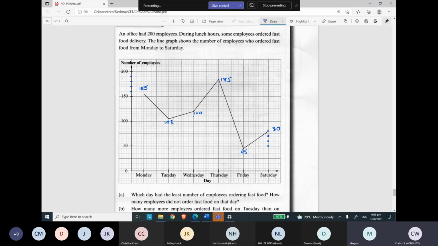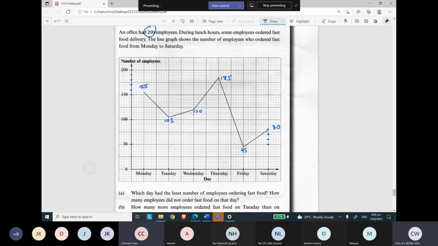Why 200? Oh, 200 employees. You forgot the question, the number of employees is on top also. It's 200. Okay, so now you know 200 minus 45, right?